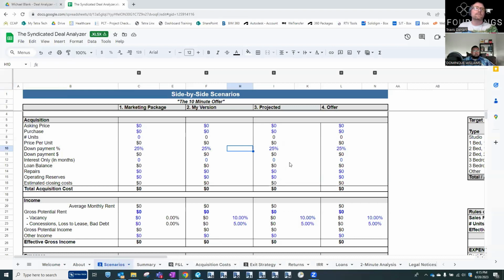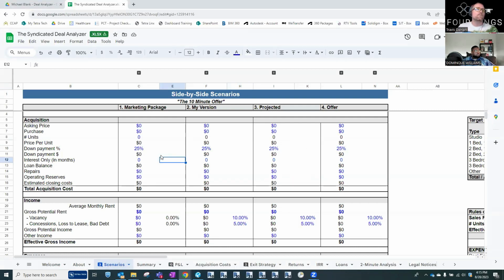Then there are these other columns over here where you can plug in your own information and verify whether the information from the marketing package is accurate. Even if it is accurate, it might show you that maybe you need to offer a different price, maybe they're asking for too much. That's where these columns come into play.